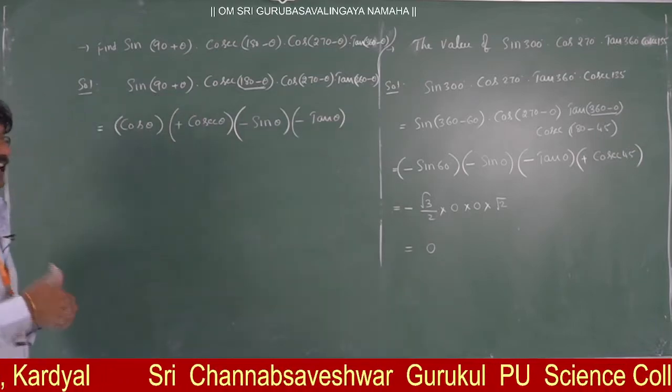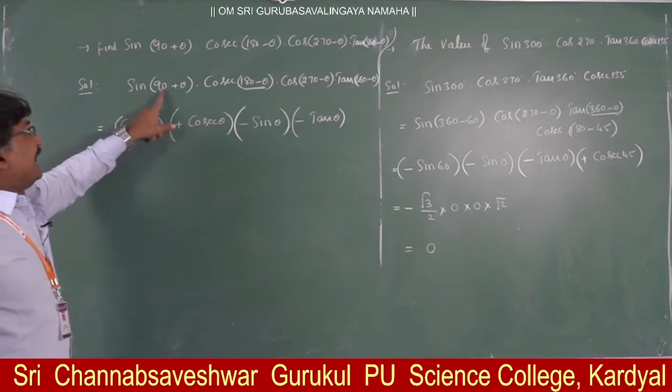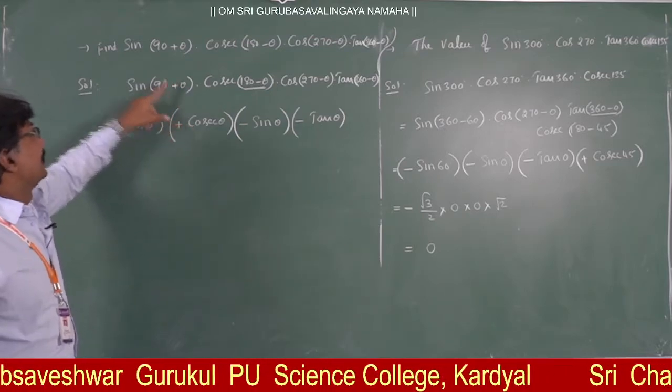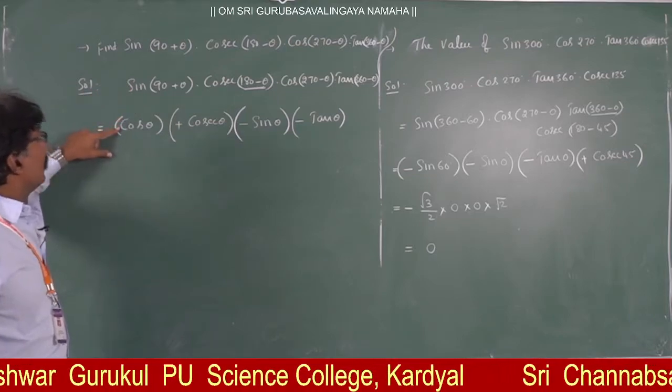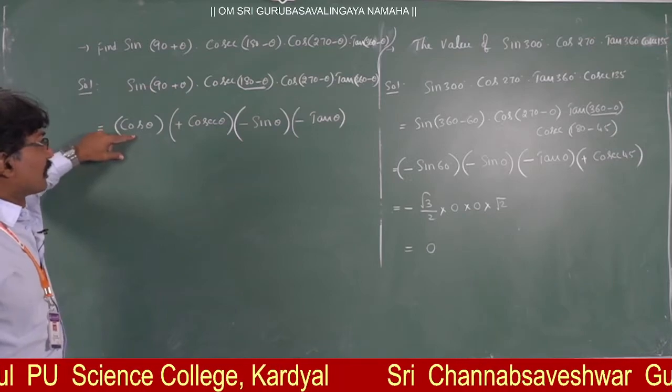Okay, once again I am going to repeat the same concept. 90 plus theta, second quadrant, sign positive. 90 plus or 90 minus, sign will be changed to cos.